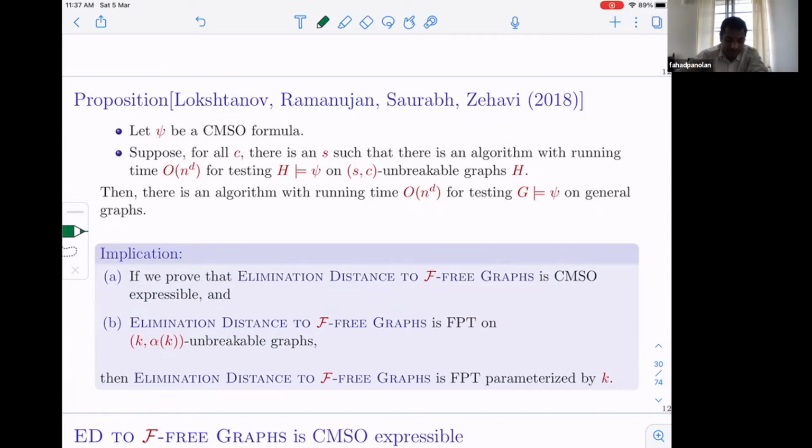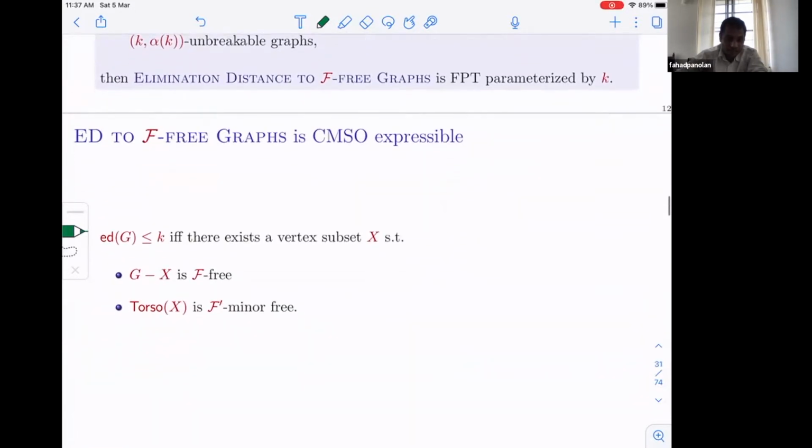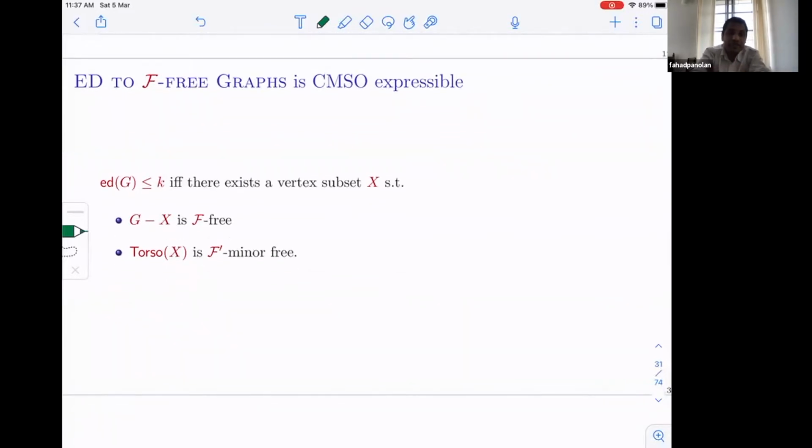So I will recall that characterization here: elimination distance to F-free graphs is at most k if and only if the following holds. There exists a vertex subset X such that G minus X is an F-free graph, and the torso of X is F prime minor free. What is the torso of X?